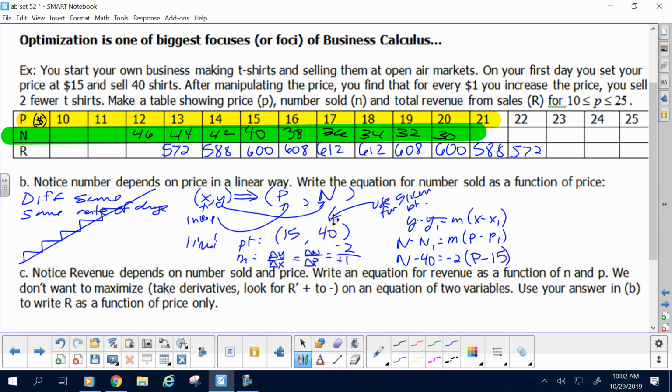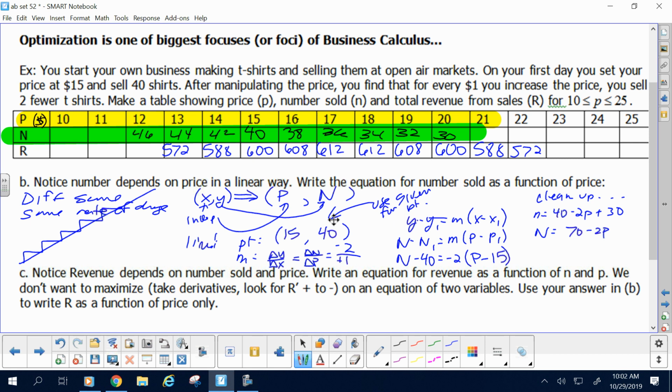Now often we just call it good, but we are going to use that in a minute, so I suggest this time you clean it up for use. n equals 40 minus 2p plus 30, or n is 70 minus 2p. You down?